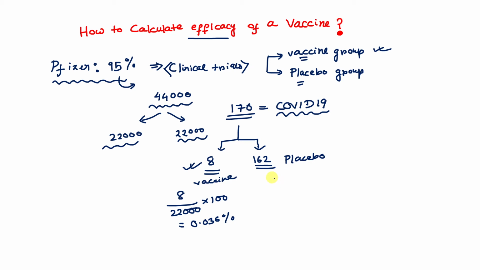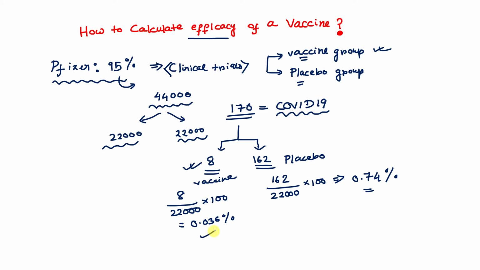For the placebo group the percentage is 162 divided by 22,000 times 100, which is roughly 0.74%. So 0.74% of the people in the placebo group were affected by COVID-19. This is the percentage of people affected by COVID-19 from the vaccine group, and this is the percentage from the placebo group.